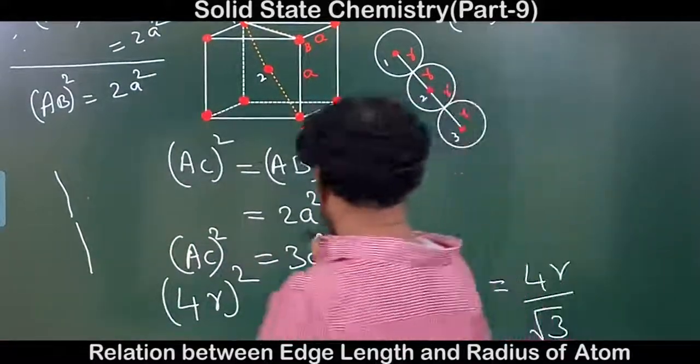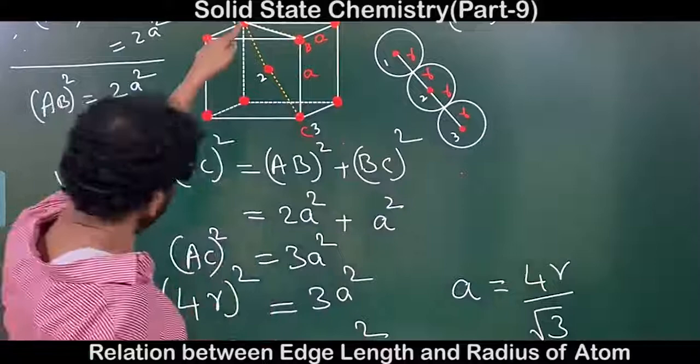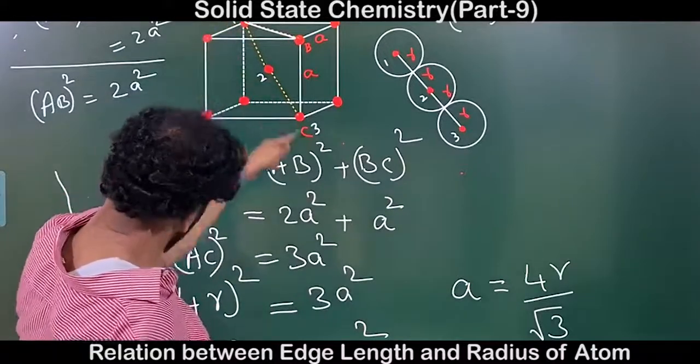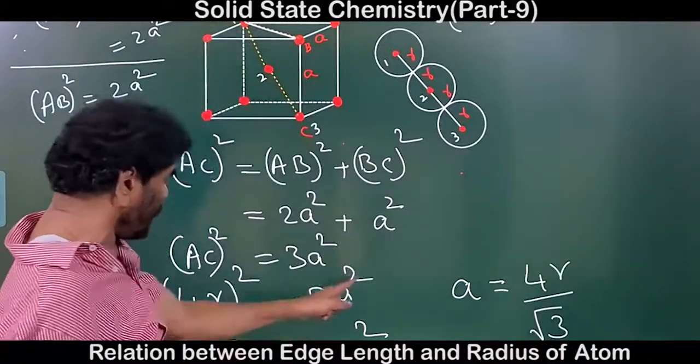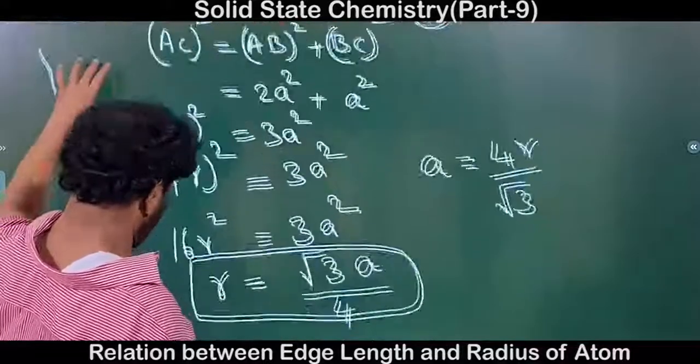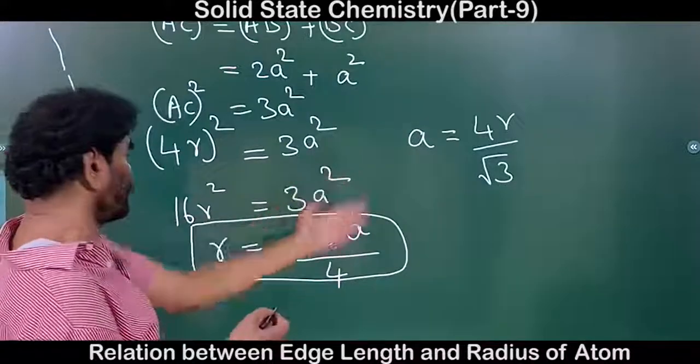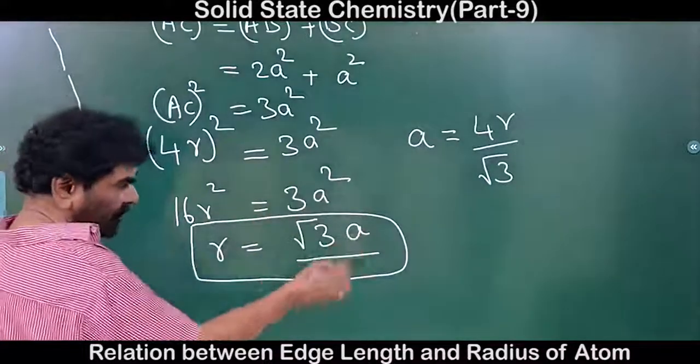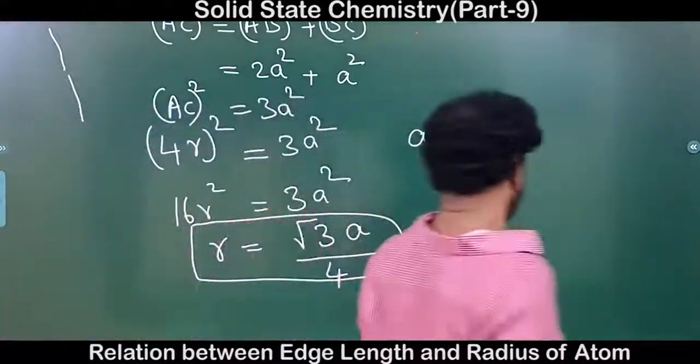The same thing I have taken here. Total AC square, the body diagonal square, is equal to 3a square. Therefore, from that we can evaluate: 16 r square is equal to 3a square, r is equal to this one. So with this we can evaluate.